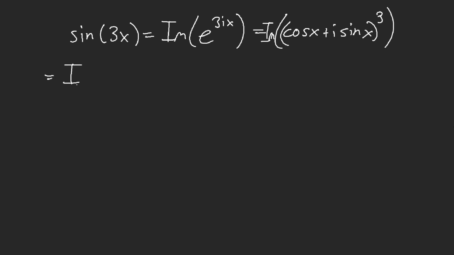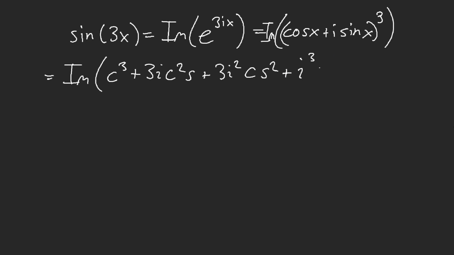So now what we have here is cosine cube plus 3i cosine square sine plus 3i squared cosine sine square plus, and then this, sine cube, right?